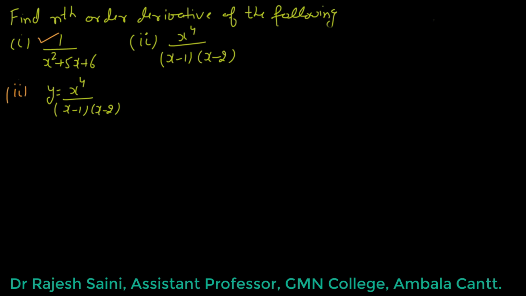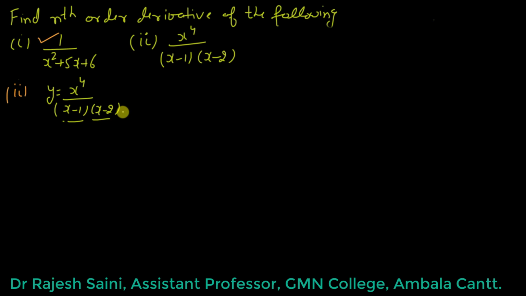Here one thing that will come to our mind is to use the partial fraction, but before using the partial fraction we should make sure that the degree of the numerator is less than the degree of the denominator. Here this has degree 1, this has degree 1, so when they are multiplied the product will have degree 2.